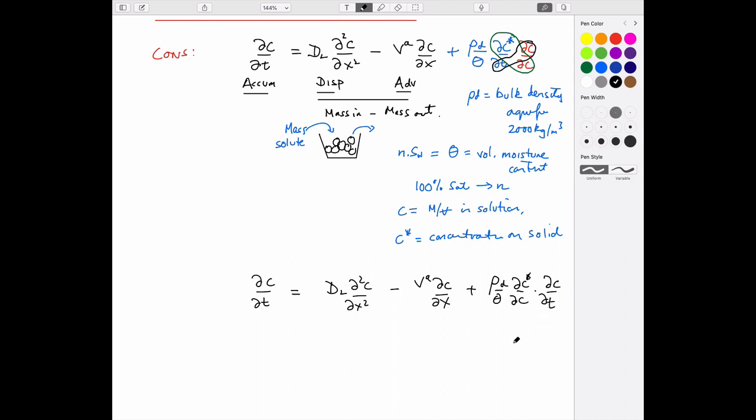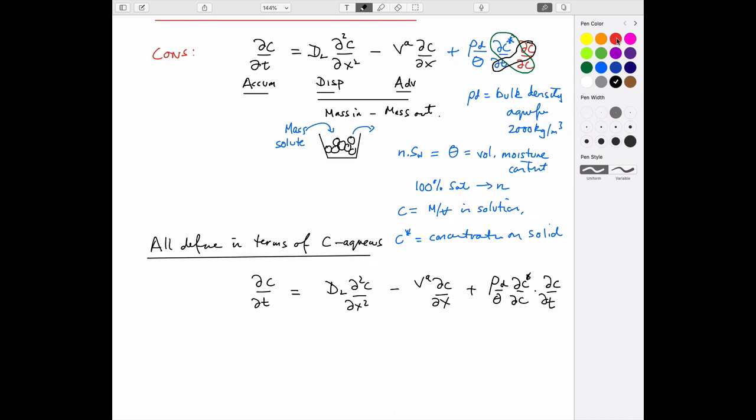This is time. And so the utility of doing that now is that it's all defined in terms of concentration, C aqueous, I guess.